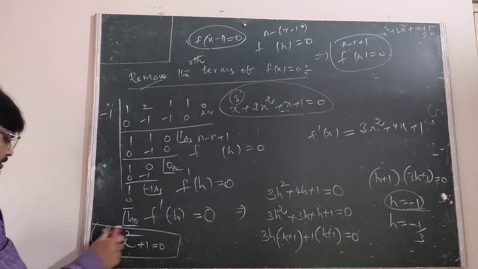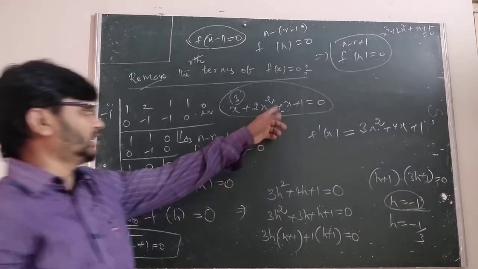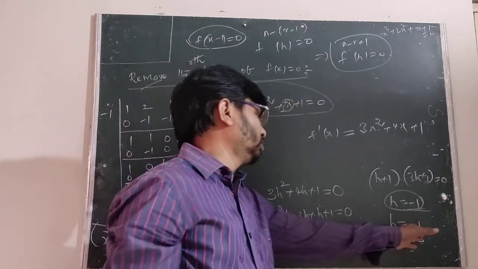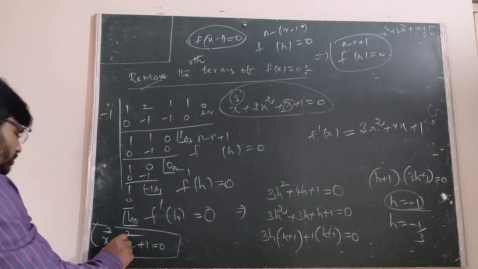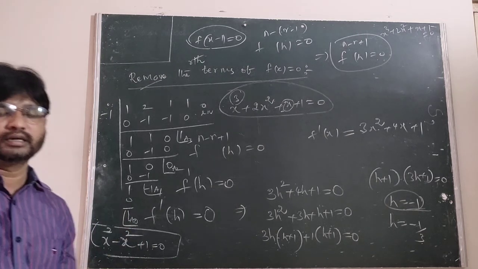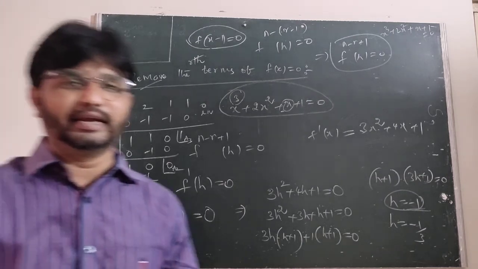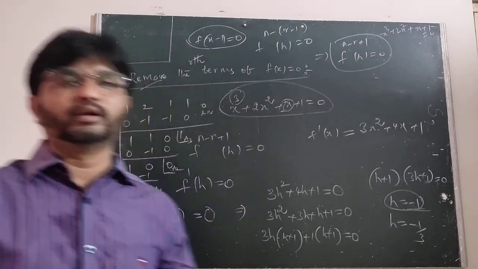Here what we observe in this case is that the third term, the x term, is not there. So alternatively you can take h equal to minus 1 by 3 here. At the same time we also get that the third term is not contained in that equation. This is the method to remove or eliminate either the third term or the fourth term in the given polynomial equation.